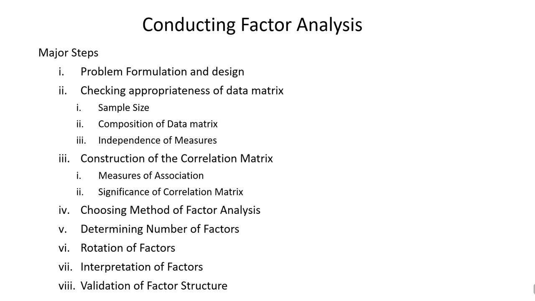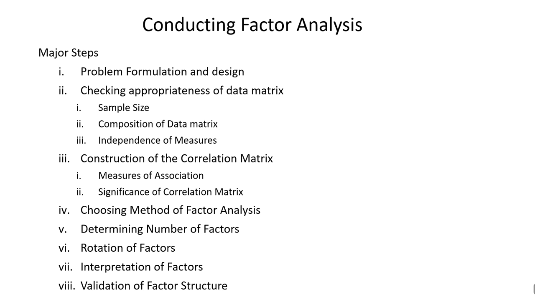And then when we have collected the data and checked the appropriateness of the data matrix, the next step is constructing the correlation matrix, because for most of the factor analytic techniques, not for all, some use other matrices also, but for most of them the correlation matrix is the main input to do further analysis.